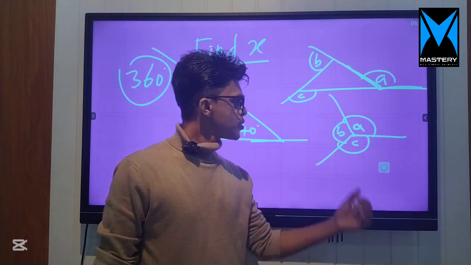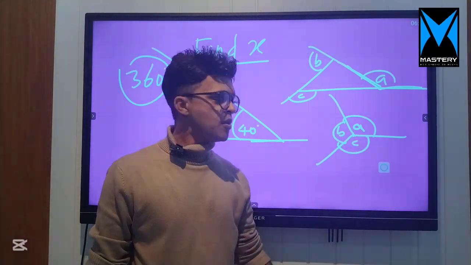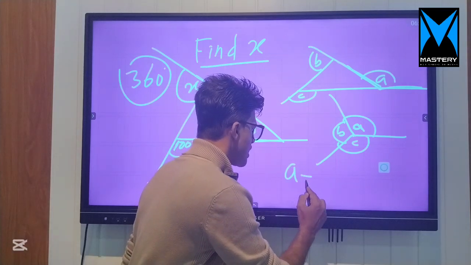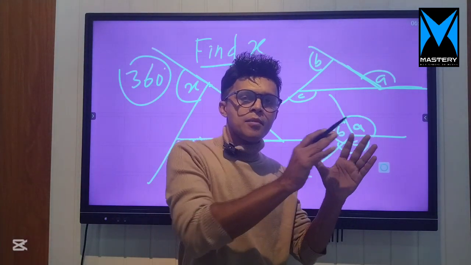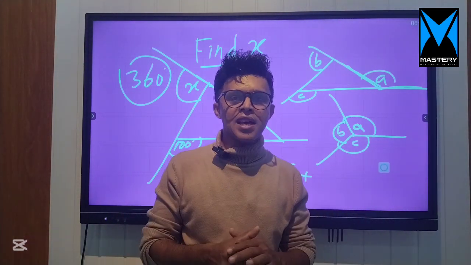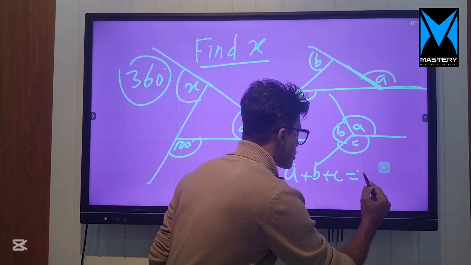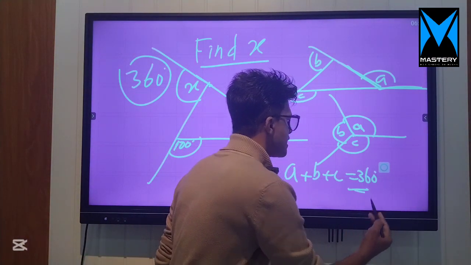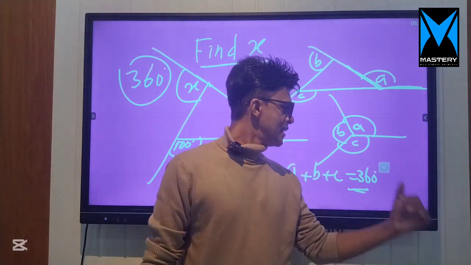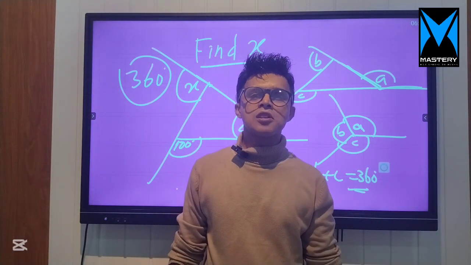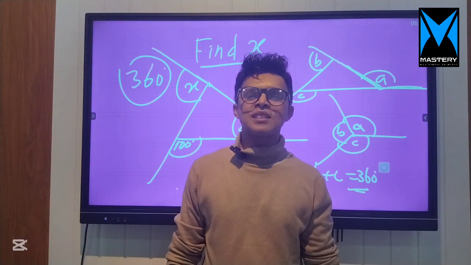So A, B, C, the sum of these three angles, you are able to measure using a protractor. Then A plus B plus C equals 360 degrees.